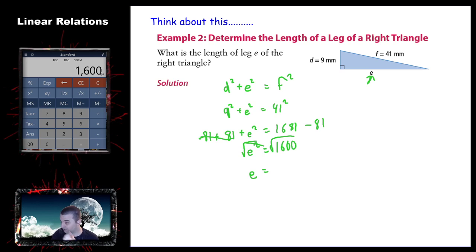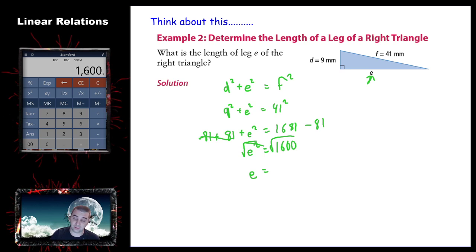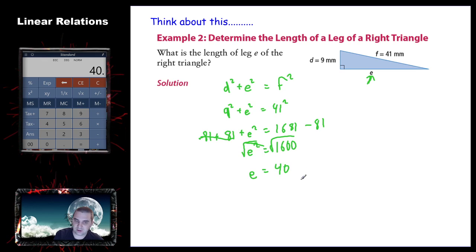What squared makes 16? You should know what that is. So if we add a zero on there, what could it be? I meant one zero. It would be 40. All right, so 40 is the side E. It's 40 millimeters.